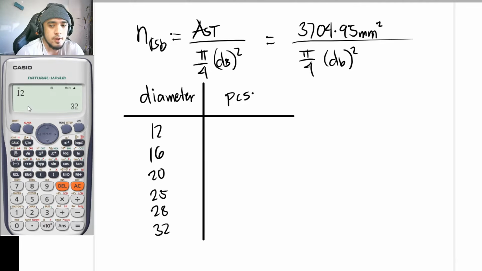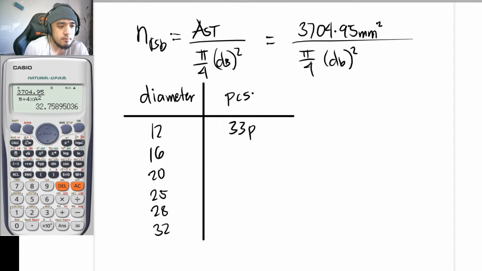So 12. With that, it means that if you would be using 12 mm diameter, we are required to have 33 pieces. So guys, round up, because we cannot buy a fractional part of a steel section. Okay, so for your 16 millimeters, you are required to have 19 pieces.